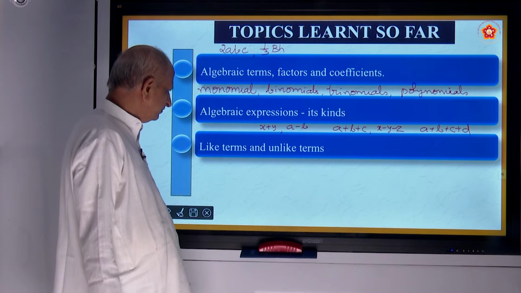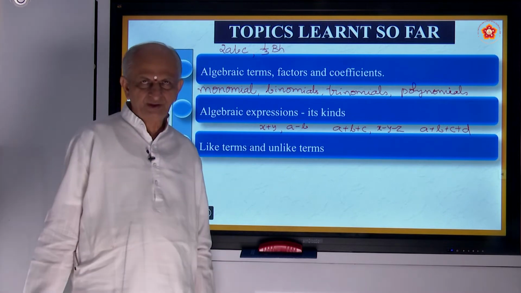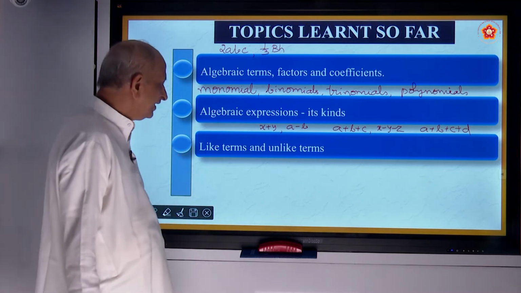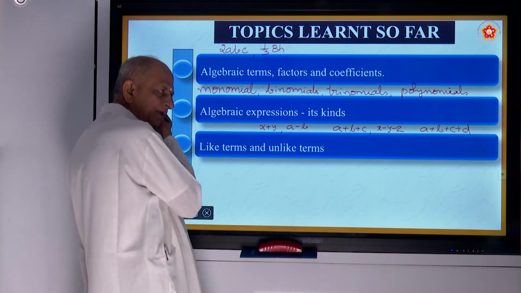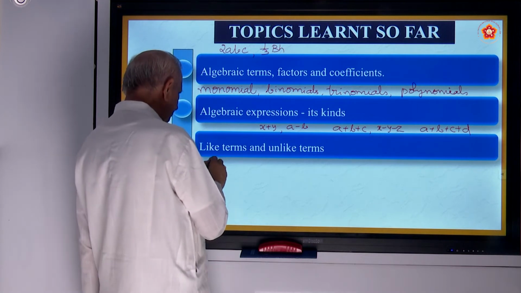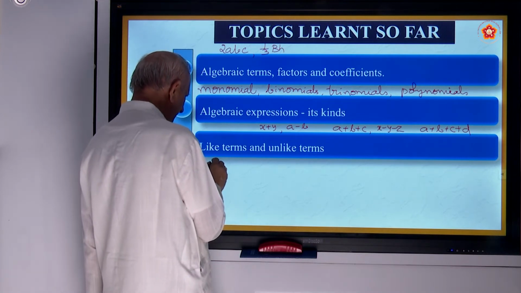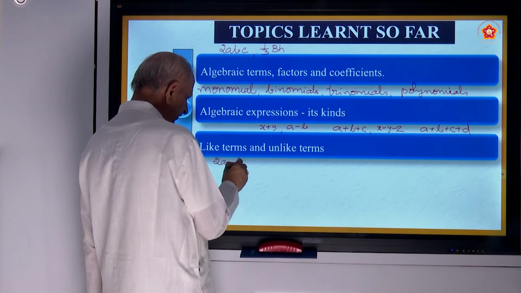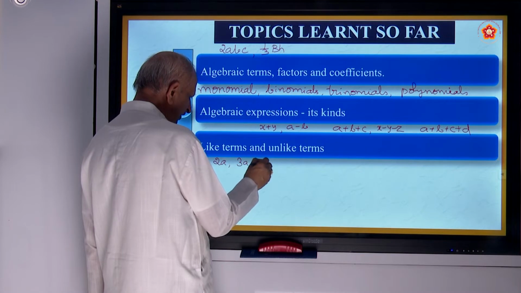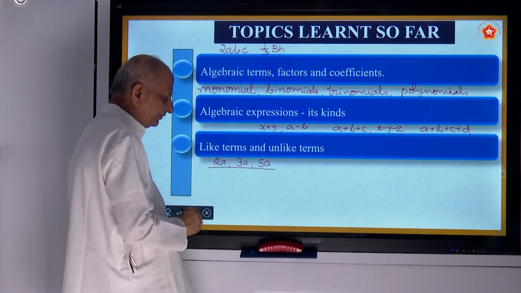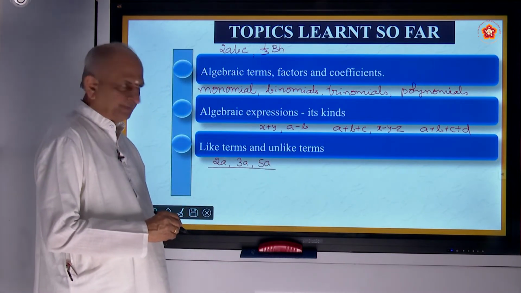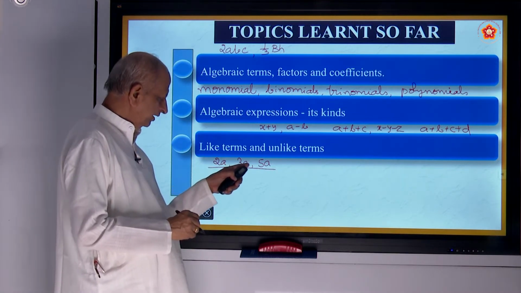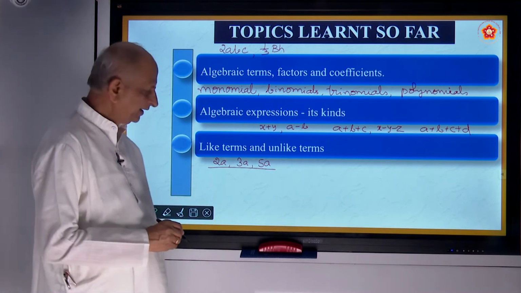So when you say term, there will be two types of terms. One is called like terms. Second is called unlike terms. Like terms are those which have the same factor for multiplication. Say suppose you have 2a, 3a, 5a, etc. These are called like terms. They have the same a as common, correct?